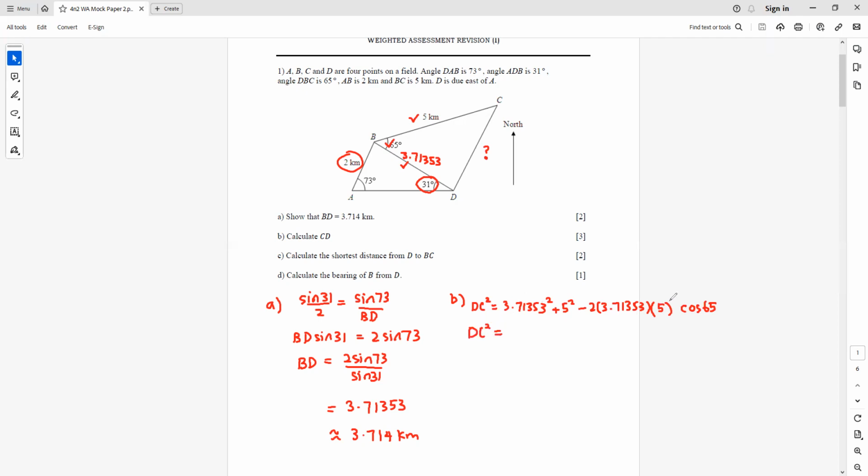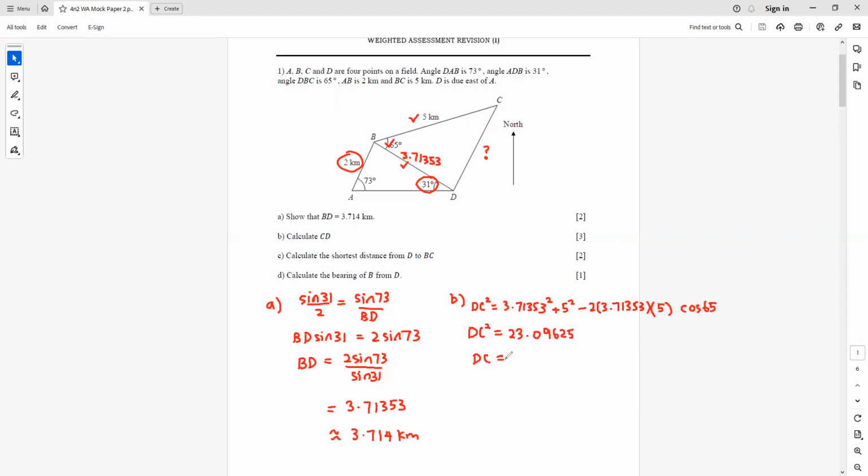Okay, this whole chunk of stuff, you can press your calculator in one go. Okay, you will get 3.09625.